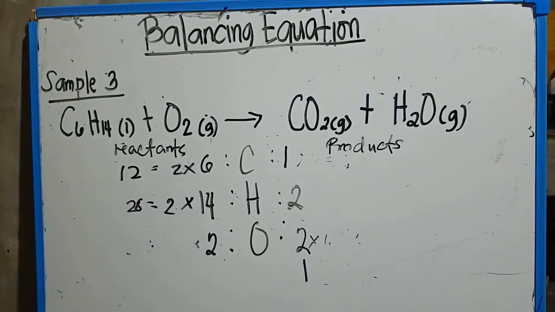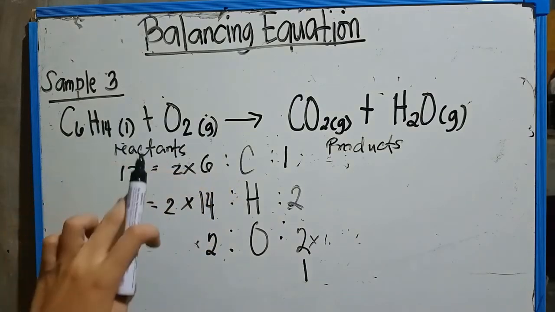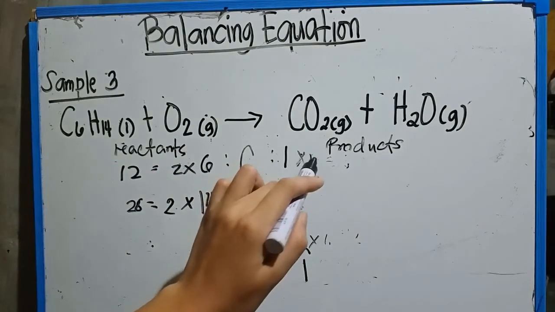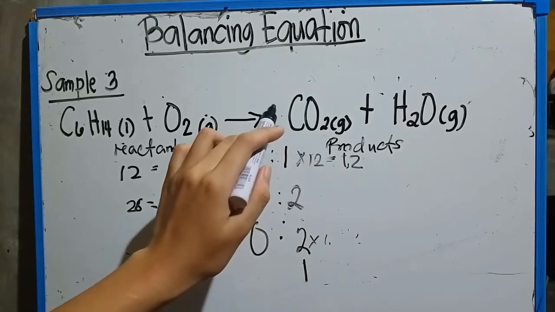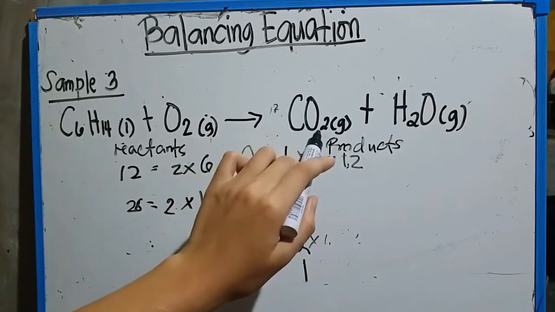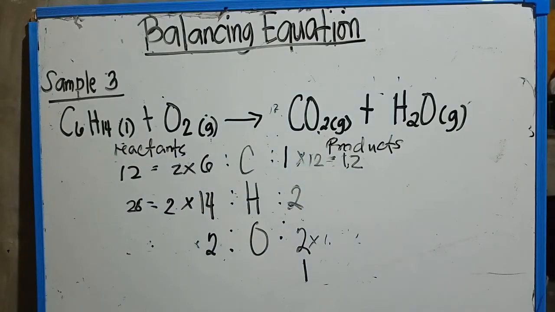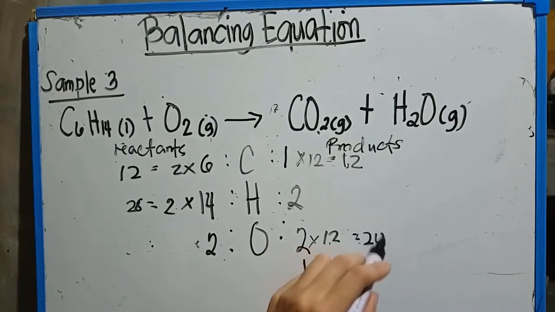Tama ba? So here, para ma-balance, gamitan na itong 12. So, becomes 12. So, kung 12 diri, 12 times 2. So, kung 12 times 2 becomes 24. So, 12 times 2 yung 24.